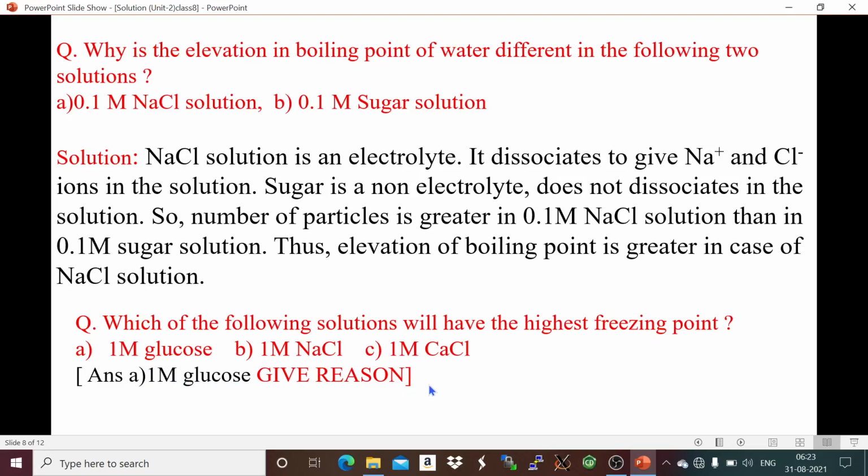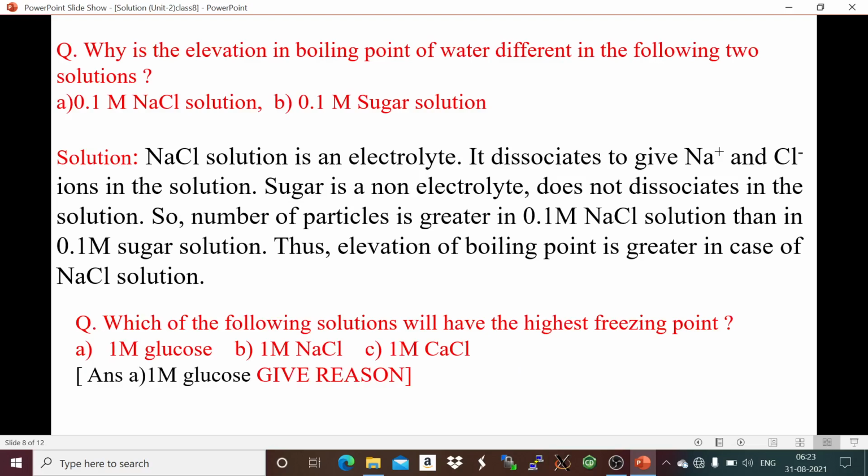Now as we know, freezing point depression: when we dissolve a solute, there is a depression in freezing point. So here it will be calcium chloride, CaCl2, not CaCl. Just a typing mistake here, it will be CaCl2. So when we dissolve some solute, there is a depression in freezing point.